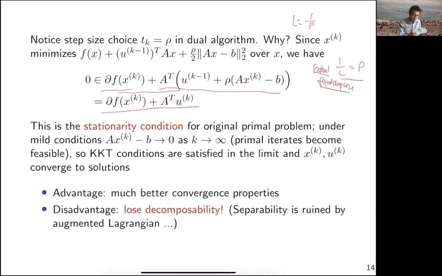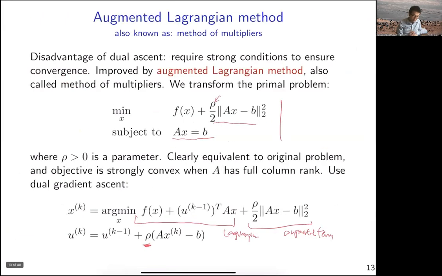So in practice, this algorithm converges a lot faster, but since the key motivation and application of doing all this is a decomposable f, when you solve this problem instead, thanks to this term, you no longer have the decomposability.